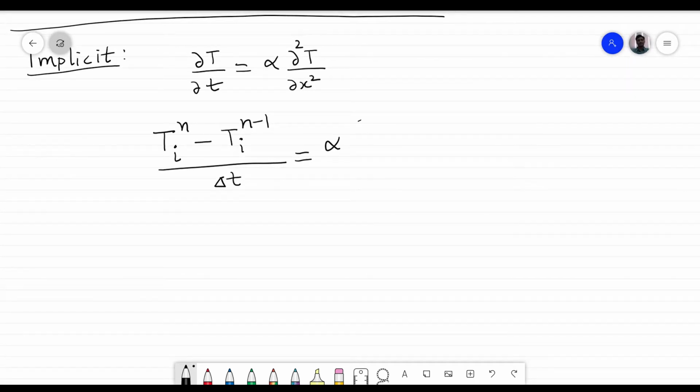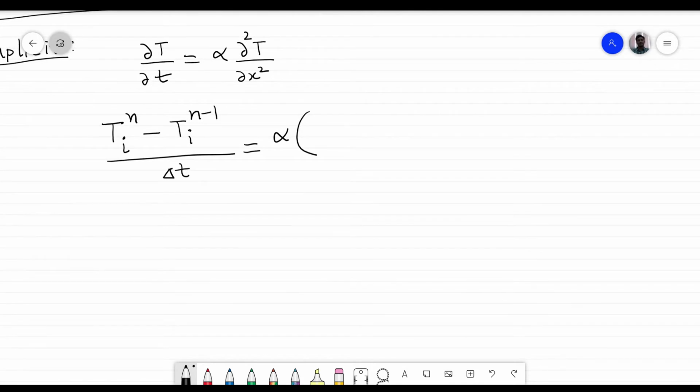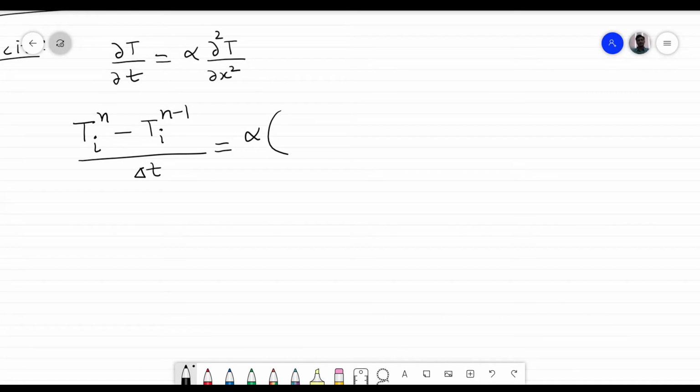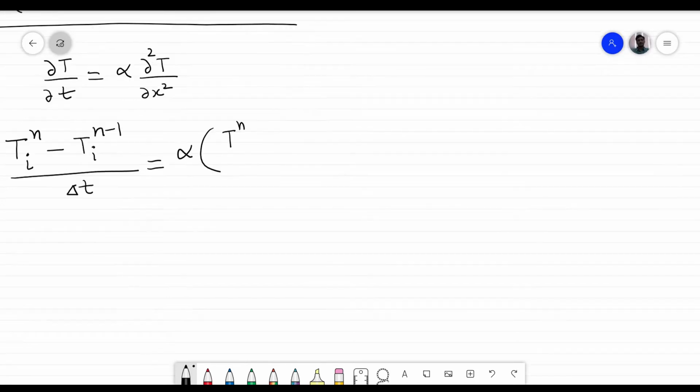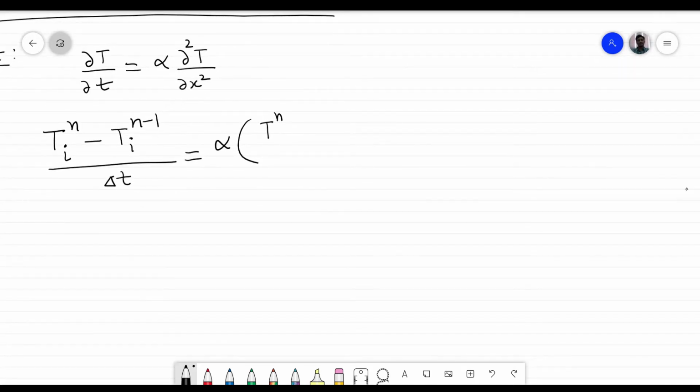So on the right hand side also we have to write then n. Otherwise, if we increment everything by 1, then on the right hand side everything is at n plus 1. But right now with this notation we will write n. This is backward in time, central in space. So this is backward in time, the left hand side, n minus 1. So the present time step is n, not n minus 1.